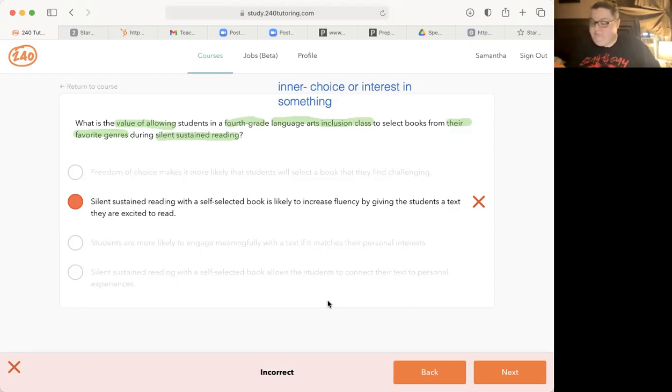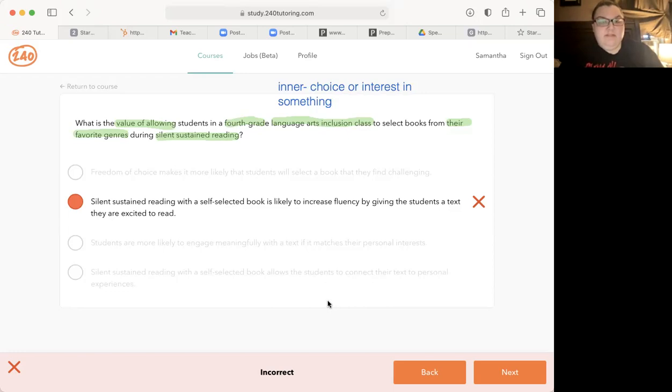And this is not going to increase, and we wouldn't allow them to choose stuff to check for their fluency. So do you think that it's likely that their choice is going to increase how difficult, how challenging they find it?